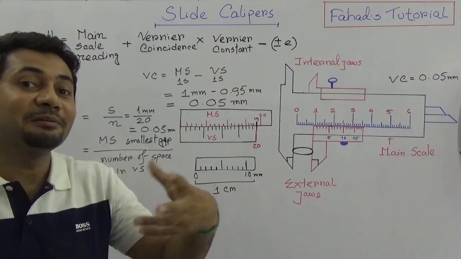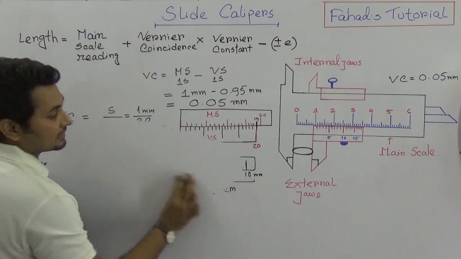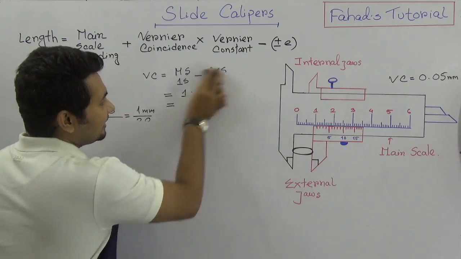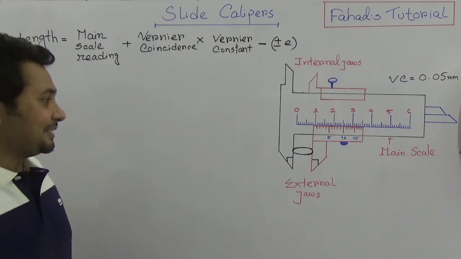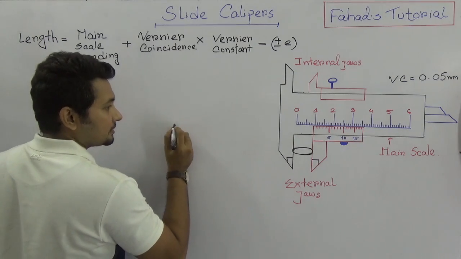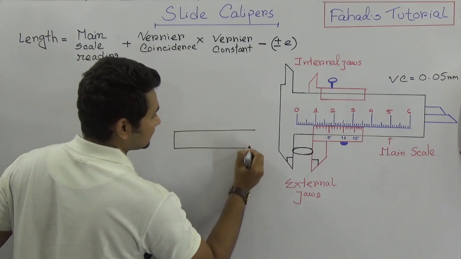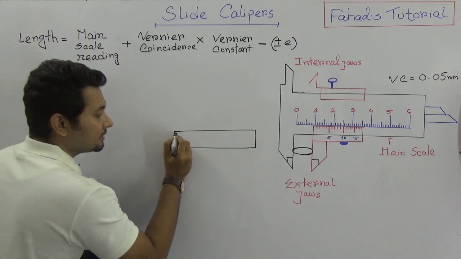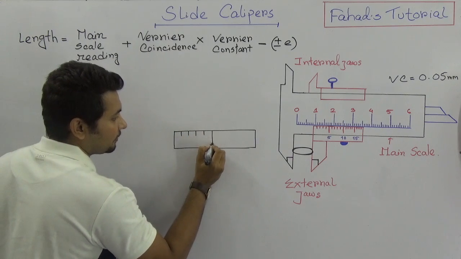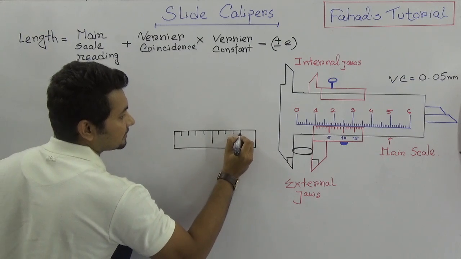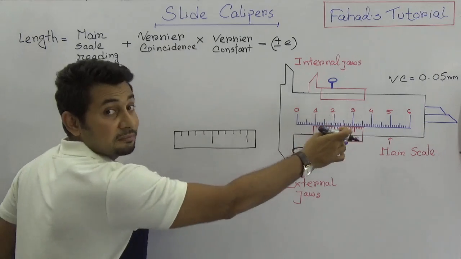So now, how will we measure and find the length using this Vernier scale? Let's concentrate on the Vernier scale and the main scale. Suppose now I draw it reversibly. This is the main scale. Here this is 0, then 1, 2, 3, 4, 5, 6, 7, 8, 9, 10. Suppose I'm just taking up to the 10th of the main scale.